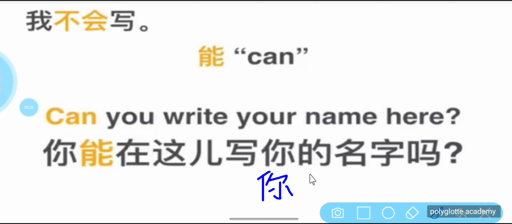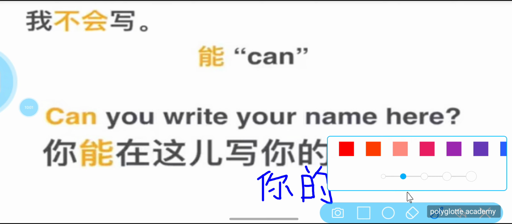We have seen this character already. 写你的, so xiě, which is to write, nǐ, which is you, and de, indicating possession, your.